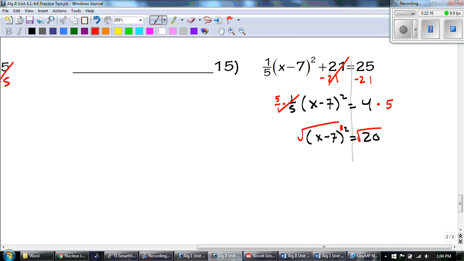I need to take the square root of both sides. We get x minus 7 equals plus or minus. Sorry, my pen's having trouble. I need to break down the square root of 20, which is 4 times 5. The square root of 4 is 2, so I'm left with 2 square root 5.